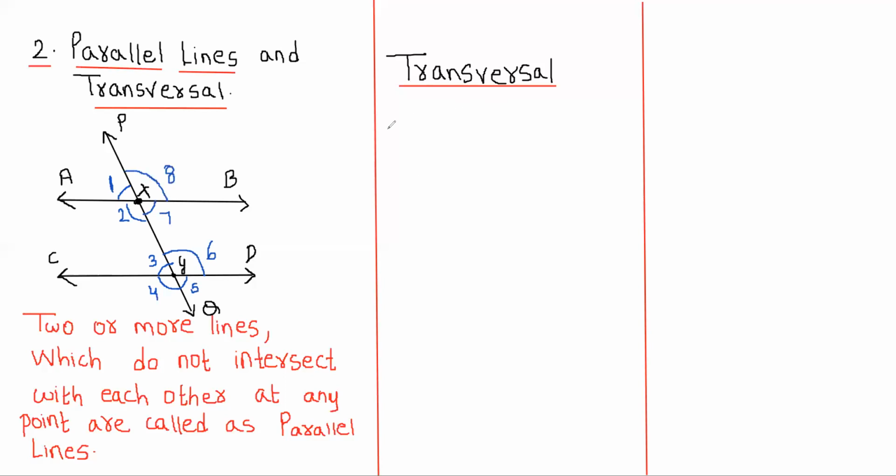So whenever a transversal cuts two parallel lines, how many angles are formed, students? 8 angles are formed. Always keep this in mind. It may come in fill in the blanks or MCQs also. How many angles are formed by a transversal and two parallel lines? 8 angles.